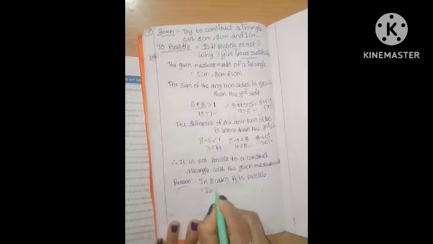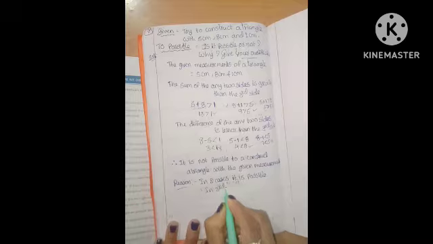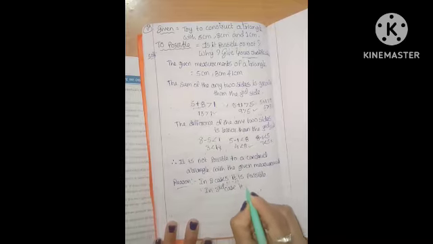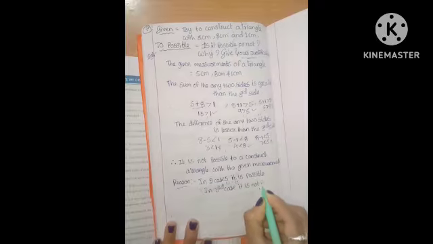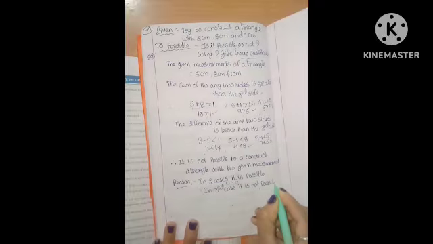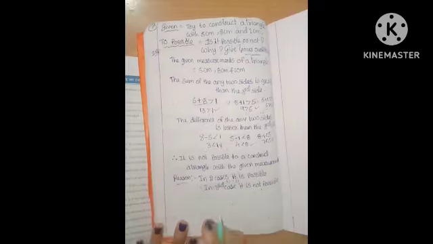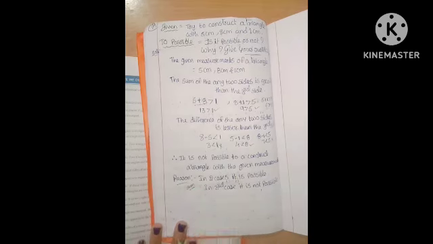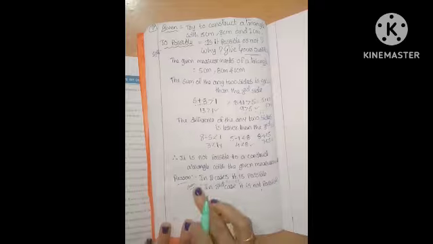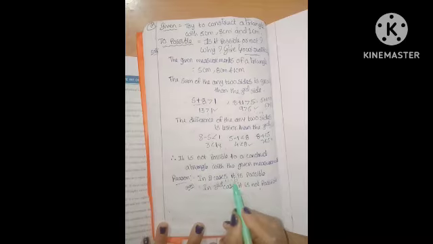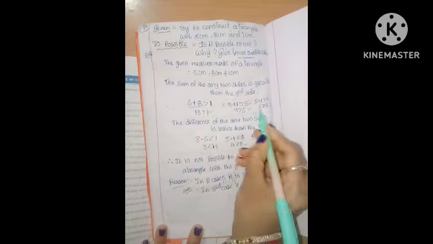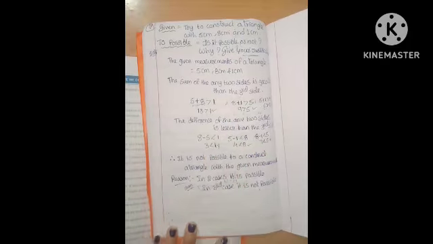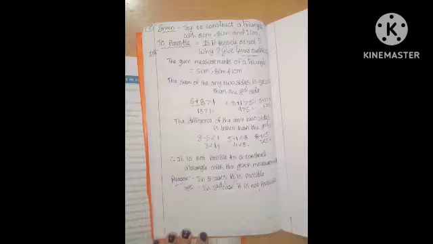In the third case, it is not possible. This is the sum of any two sides case. In two cases it is satisfied, but in the third case it is not satisfied. So that's why this is not possible. Are you clear, Gagan Sai?